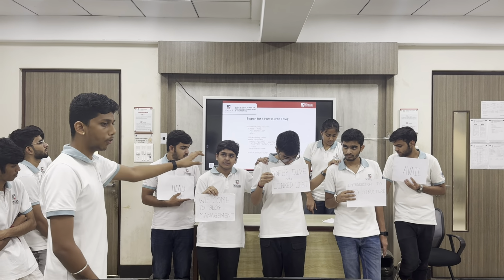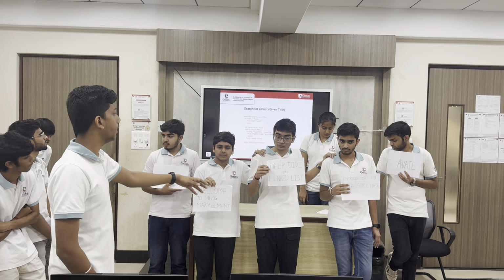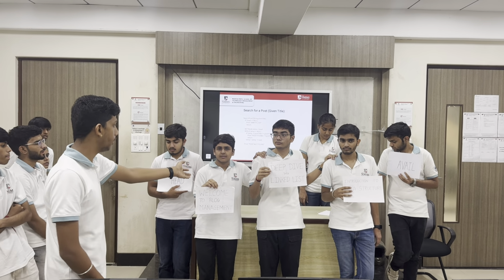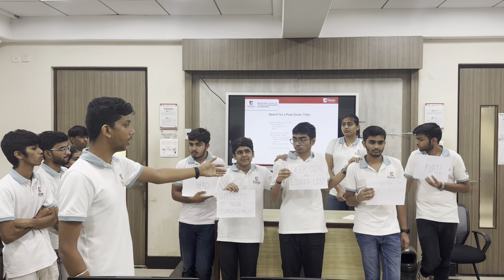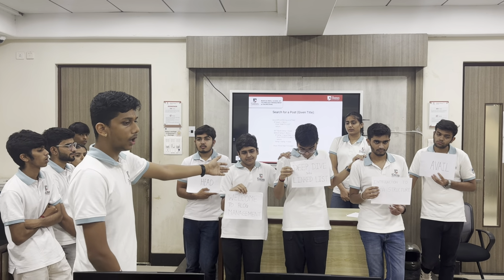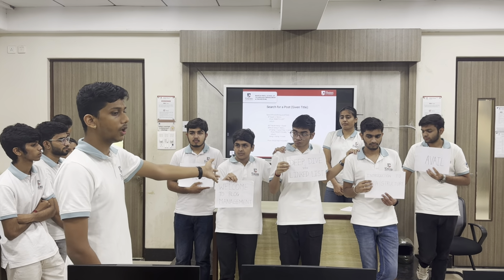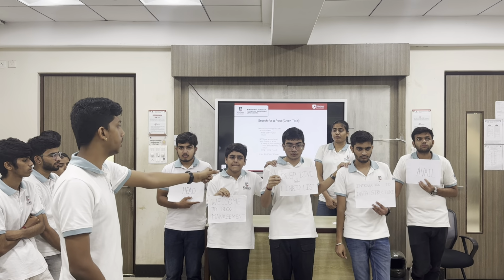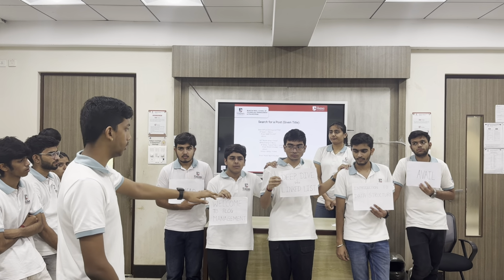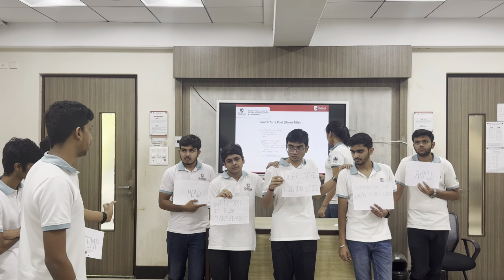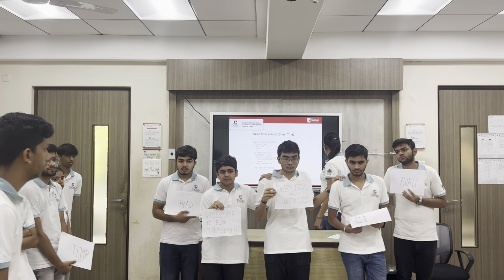So we increment the temp pointer to temp dot next, and in the next iteration we found the post title deep dive into linked list. So we return that we have found the node at node 2 named deep dive into linked list, and return from the function, and hence the work done by Nina is accurate.